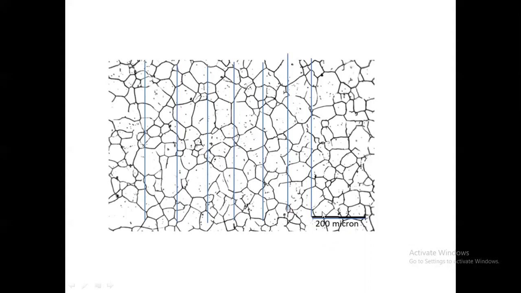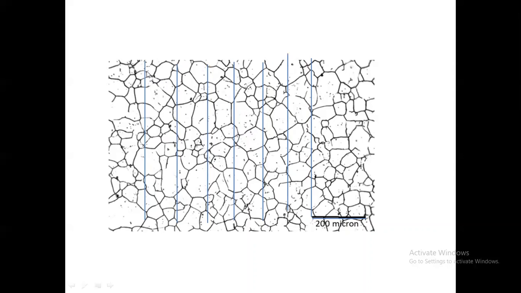You can see that when I scaled this image, I found these 200 microns on my scale bar to be around 16.5 mm. So here 16.5 mm is equal to the 200 microns on this image. Now we are going to find how many intercepts each line has made.